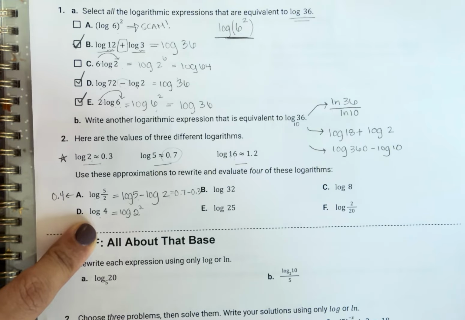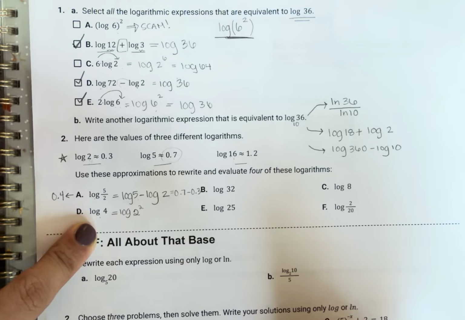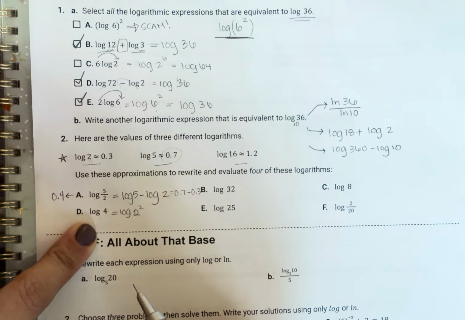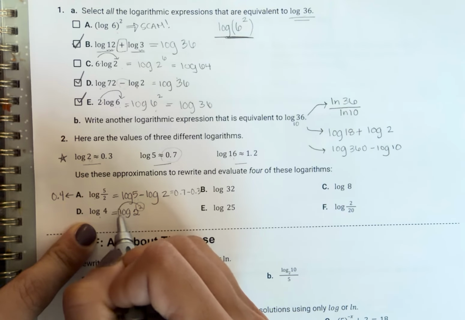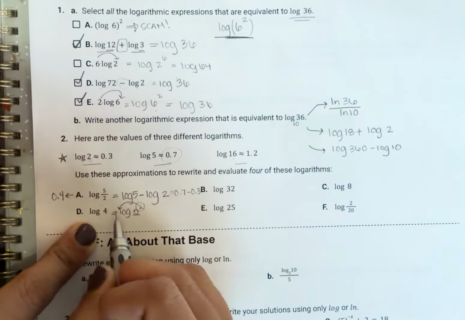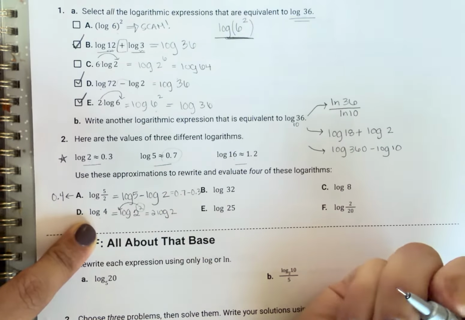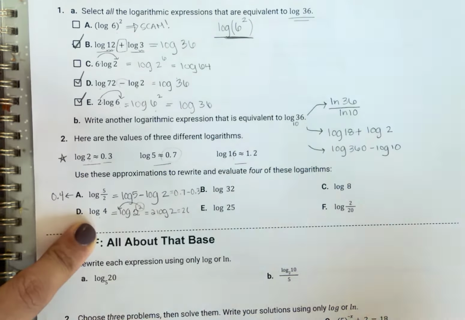Log of 4 is log of 2 squared, or log of 2 times 2, whatever you want to do. If you did the 2 times 2 route, you would break this up into 2 logs. But with the way I did it, with the square, all you got to do is drop this 2 as the exponent out front. This is 2 log of 2, which is 2 times log of 2, which is 0.3.